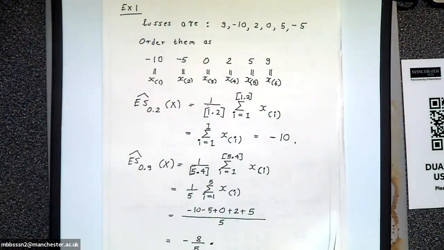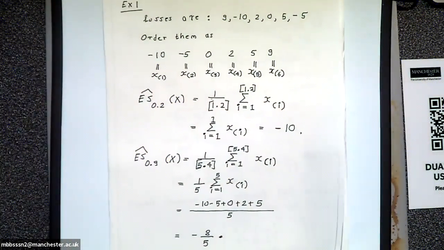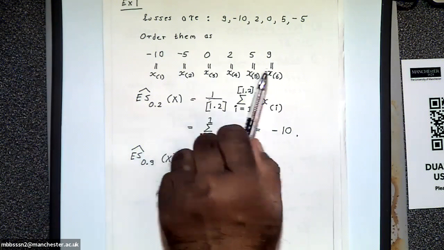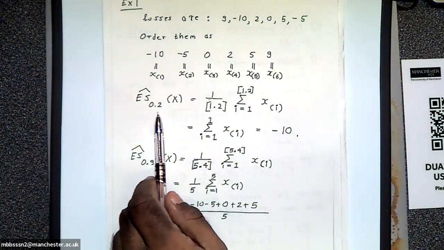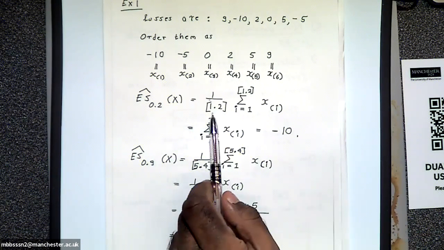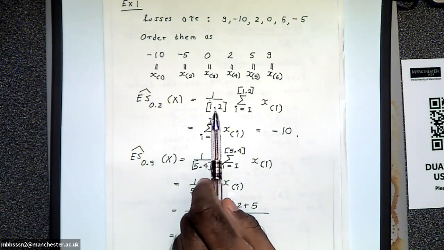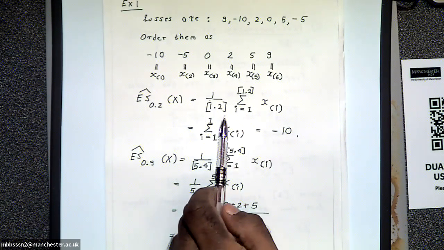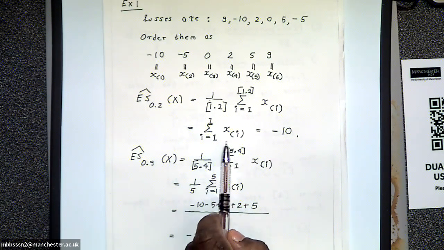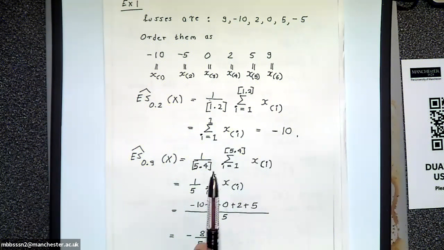N in this case is 6, right? So 6 is the number of data points. 6 times 0.2 is 1.2, right? So it's 1.2 here. So the floor of 1.2 is 1. So you sum from 1 to 1 of this, which is minus 10.